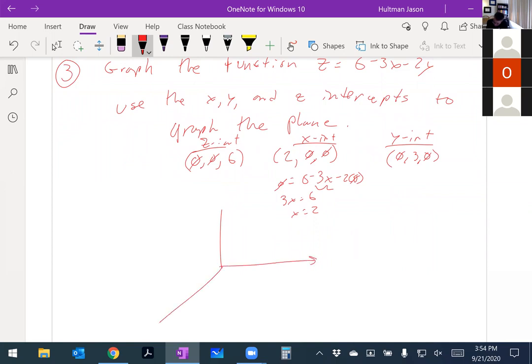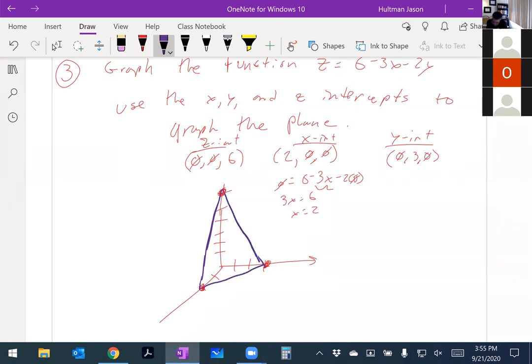So on the x direction, we're going to be out 2. In the y direction, we're going to be out 3. And in the z direction, we're going to be up 6. So we get this nice plane here. Okay, and then I'll just draw the plane. Oops. Okay, let's try that again.